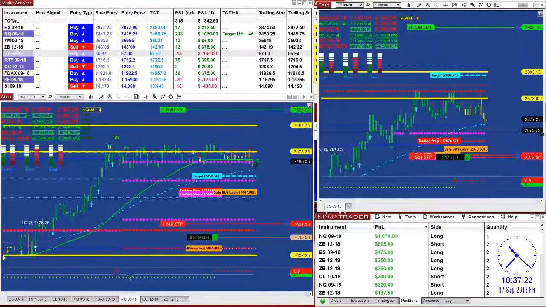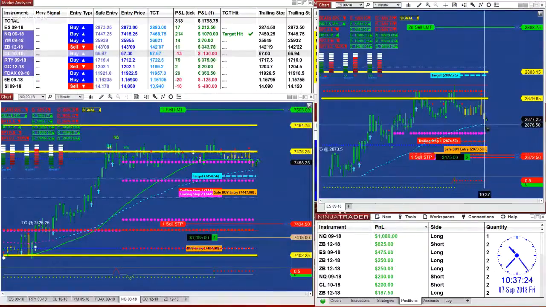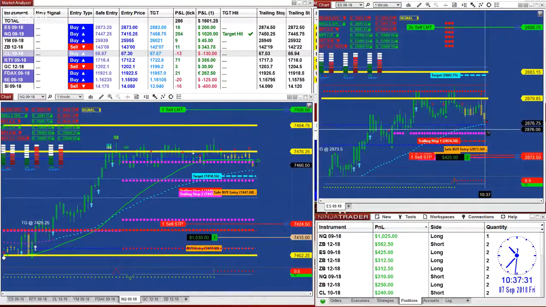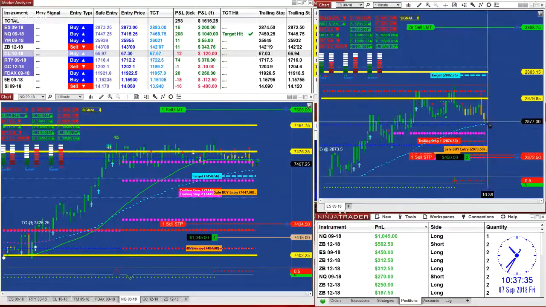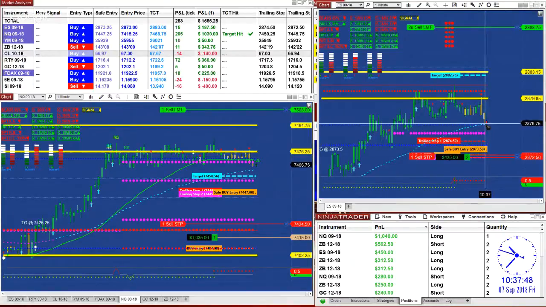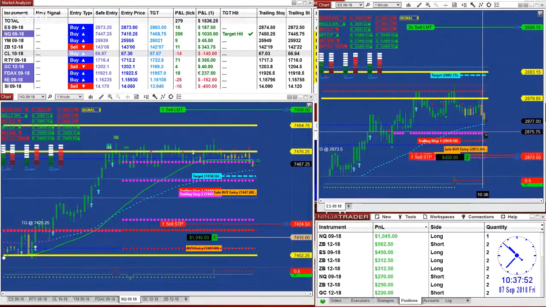Actually, there are 2 entries on this one here. The first entry you can enter, or if you can afford it on a sim, 2 trades. Just a second. There is an entry right now at 76.75, and there is a conservative entry at 75.75. So there are actually 2 of them, one here and one there.